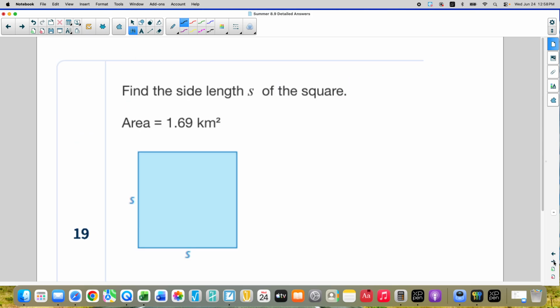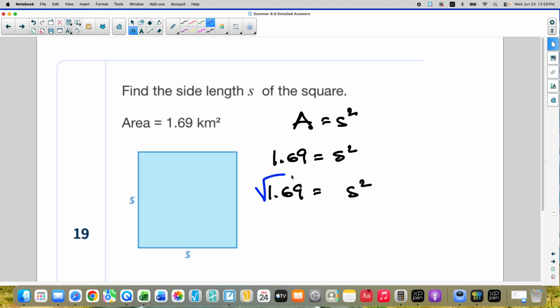19. Find the side length of the square. Again, here's my area. So area equals S squared. 1.69 equals S squared. We're going to take the square root of both sides, plus or minus.